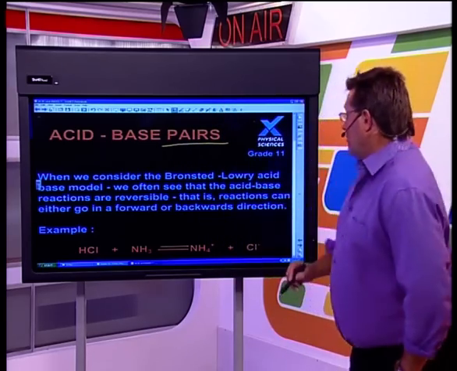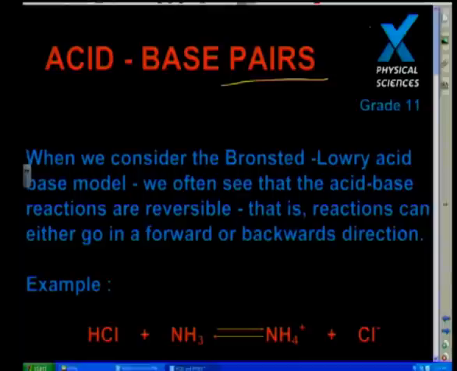It says, when we consider the Bronsted-Lowry acid-base model, we often see that the acid-base reactions are reversible. That is, reactions can either go forwards or in the backwards direction.